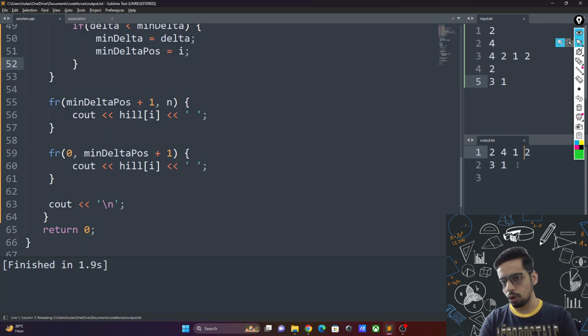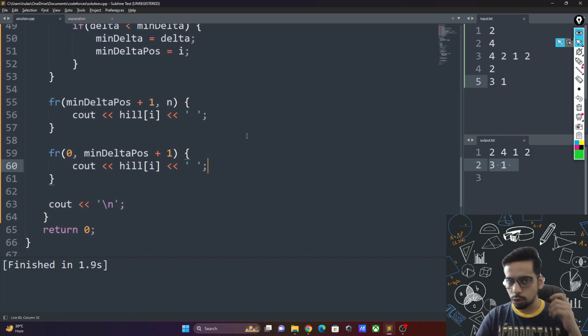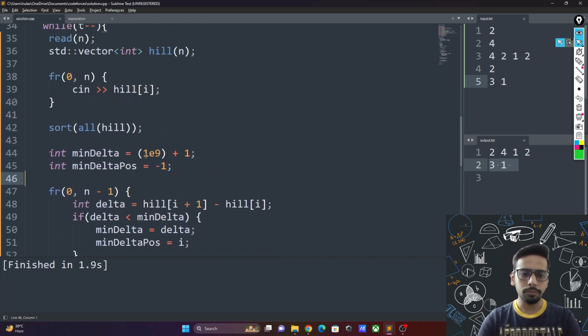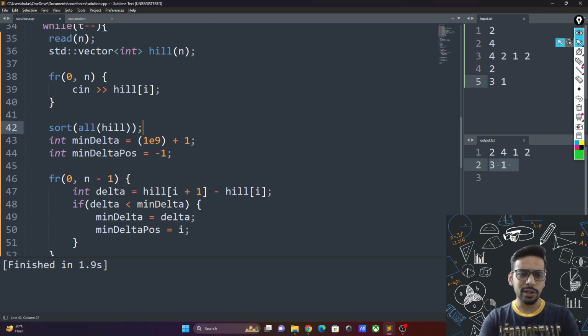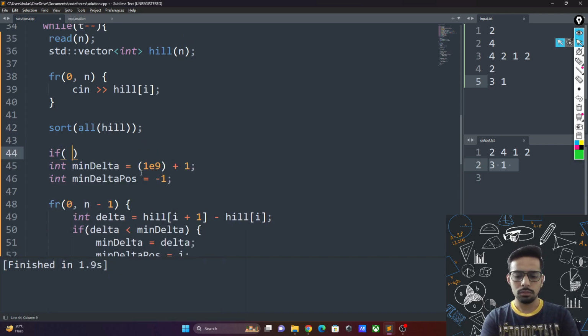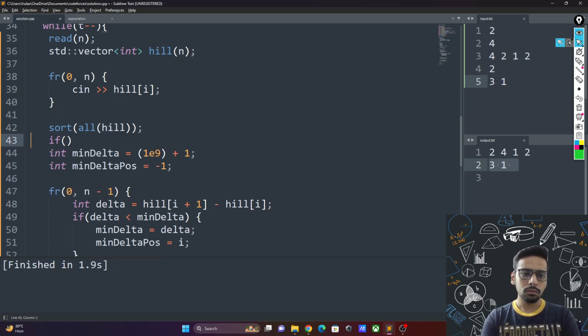Yeah, this is wrong because in the case of n equal to 2, you can always get the answer n minus 1 by just sorting the array. So all you need to do is this: if n equal to 2, just print the array after sorting.